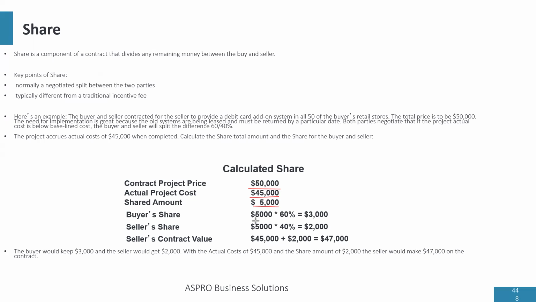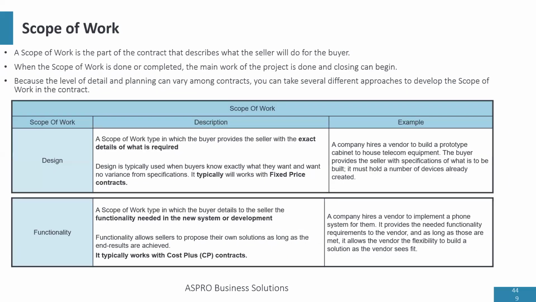So the 5,000, then the negotiated rate is that buyer will get 60% of what is saved, seller will get 40%. So seller gets 45,000 plus 2,000, which is their own share for helping the client to save money. That's a shared strategy.